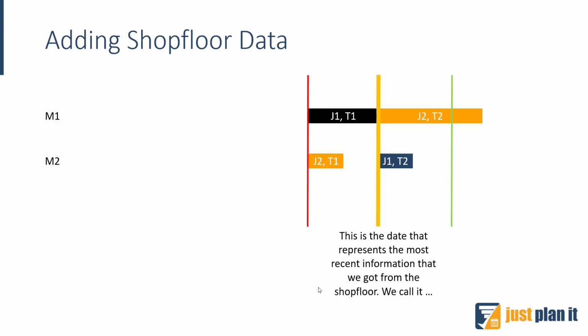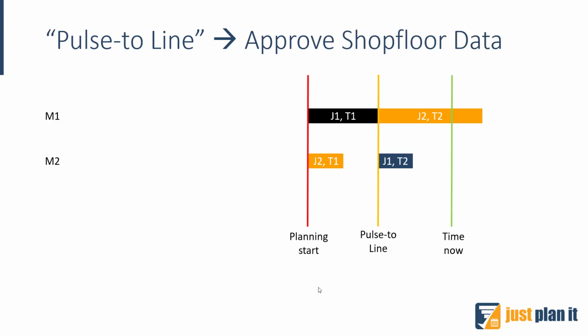So the yellow line will be positioned at the end of the date that was set for the end of the task. This is what we call the pulse 2 line. With the pulse 2 line, you will move forward the red planning start line accordingly. So the red line after approval will be where the yellow line is now.